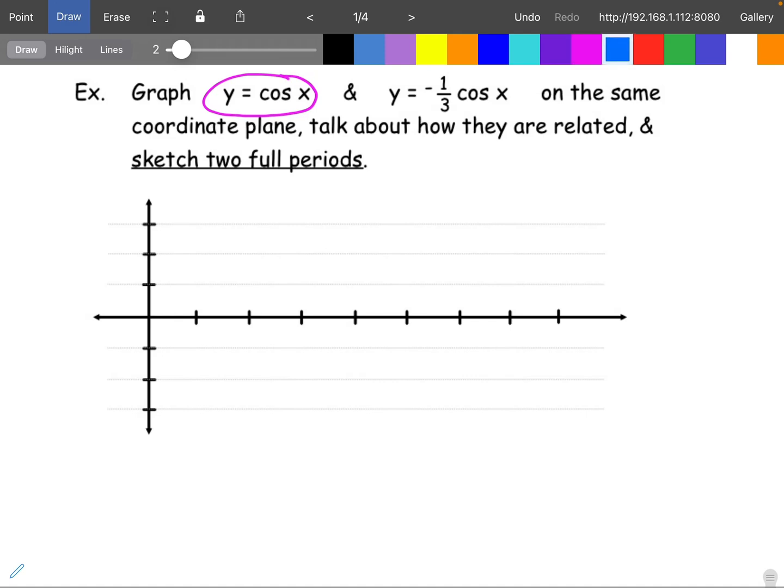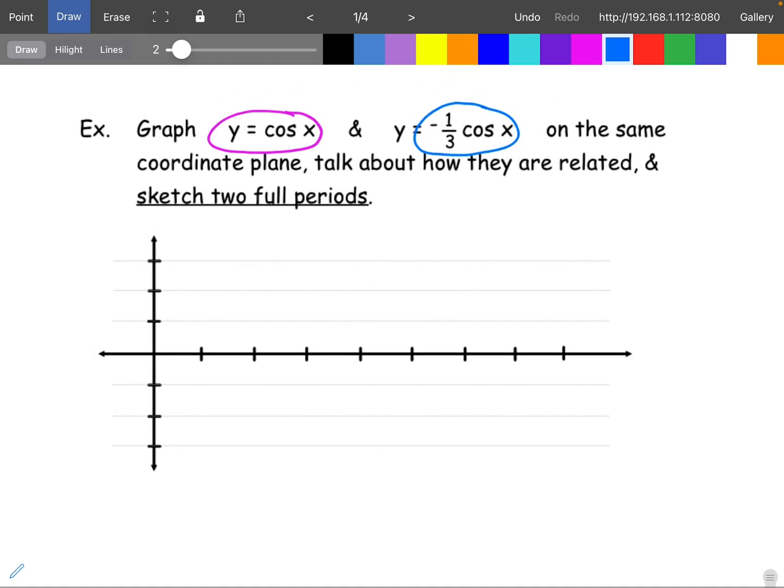However, for our transformed function, we know that we're going to have a negative, which means it's going to be reflected upside down, and then an amplitude of 1/3.